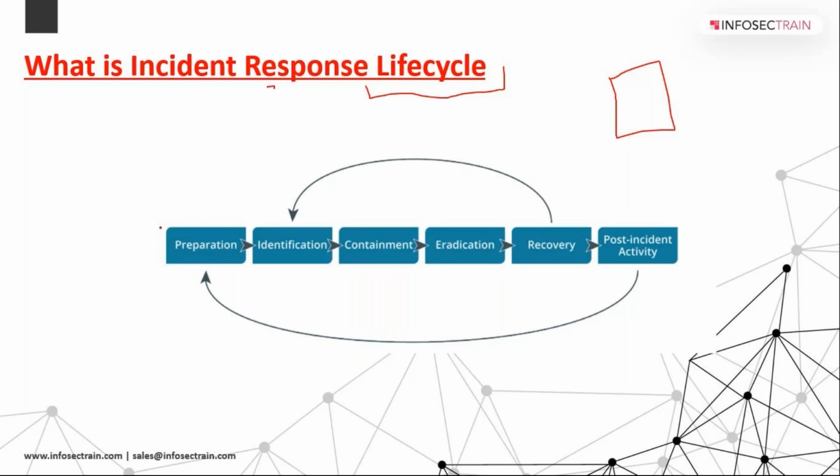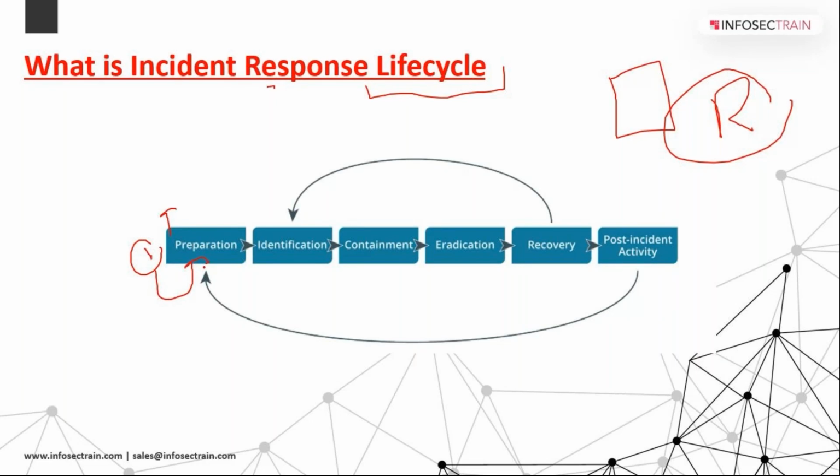The first step is the preparation part. Let's say, for example, there is an organization, and my job in that organization is to make sure I protect it from a ransomware attack. Specifically, a ransomware attack. In this scenario, when it comes to the incident response life cycle, the first step is preparation.